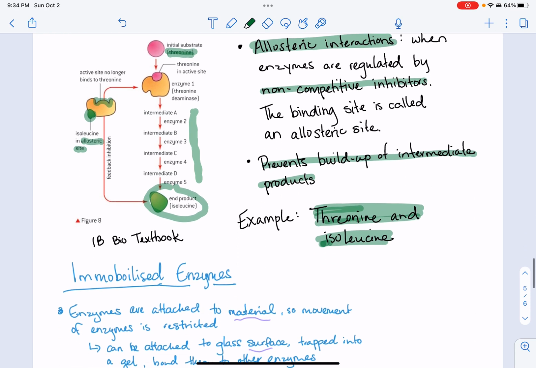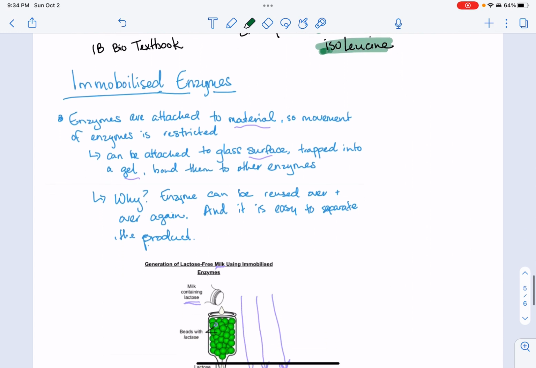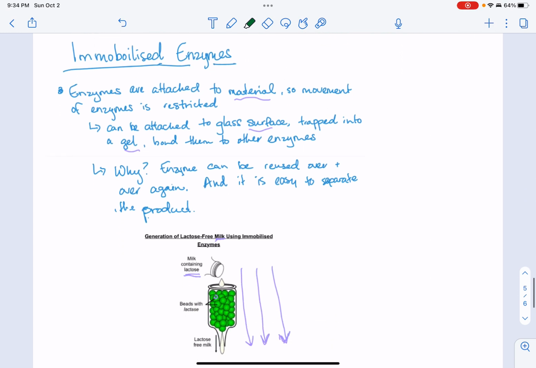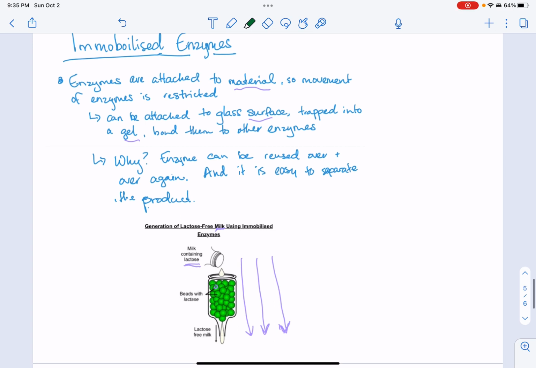So last thing that we're going to talk about is immobilized enzymes. Immobilized enzymes are used in biotechnology. The example that we can use is immobilized enzymes used in the production of lactose-free milk.